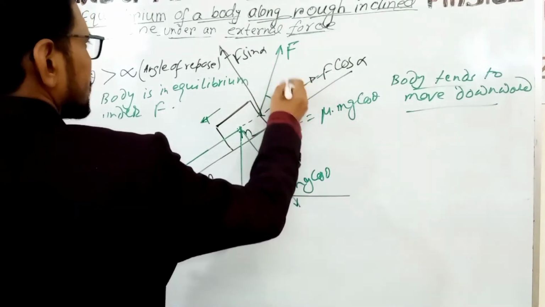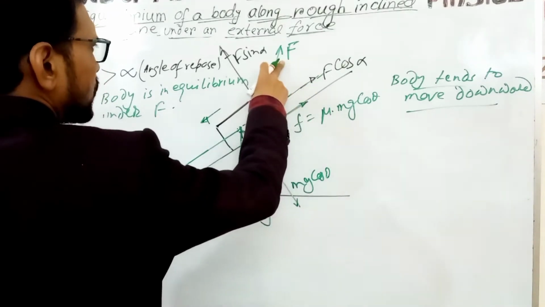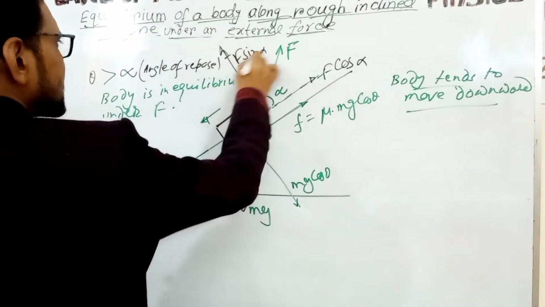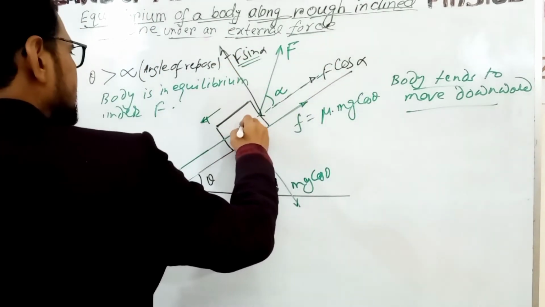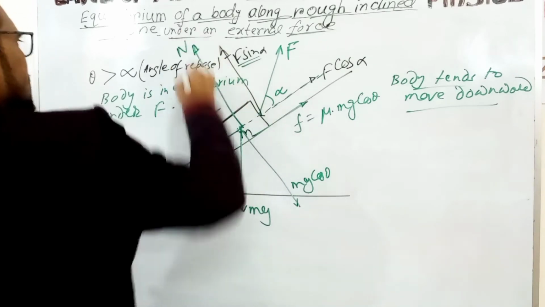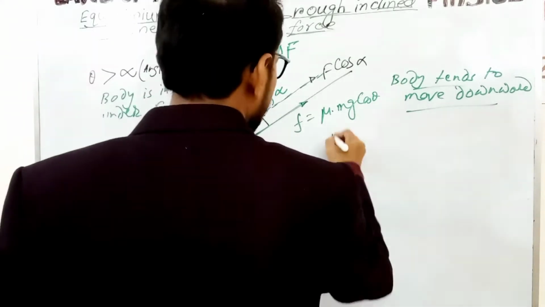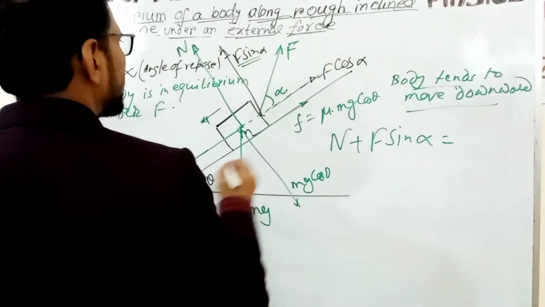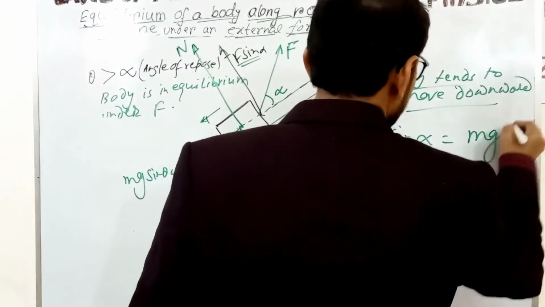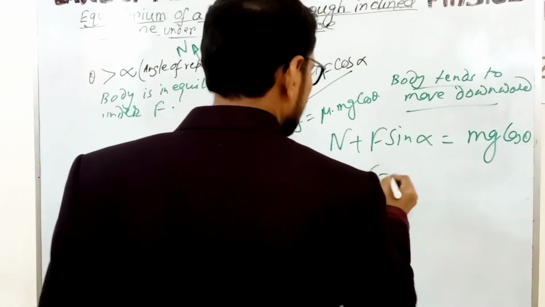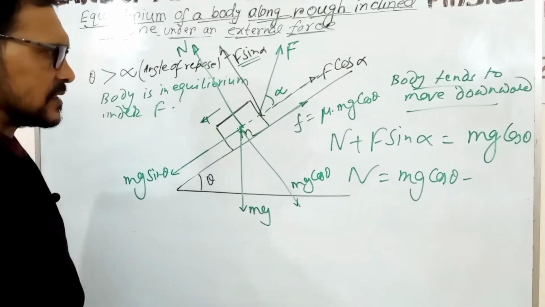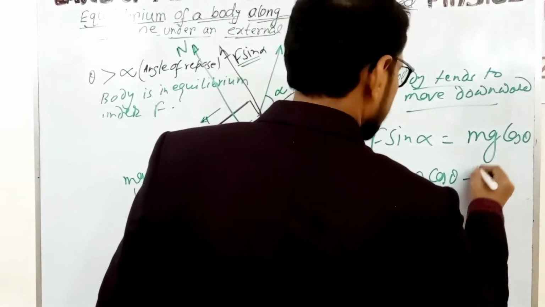Here the component of the applied force along the parallel direction is F cos alpha and the component along the perpendicular direction is F sin alpha. Here the normal direction is N, so N plus F sin alpha balances mg cos theta, so N will be mg cos theta minus F sin alpha.